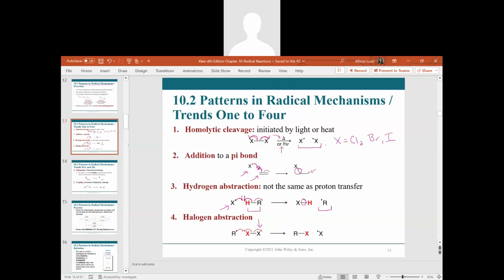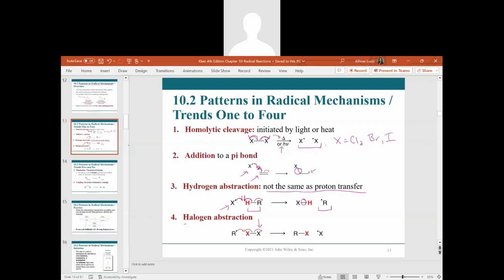That's what our R with the dot indicates. This is not the same as a proton transfer, though. That's good to note, because with a proton transfer, we're moving both of the electrons. We're not just moving one and generating a new radical.